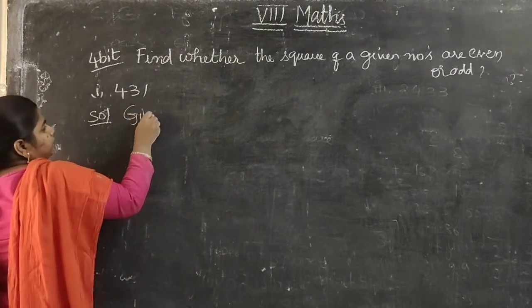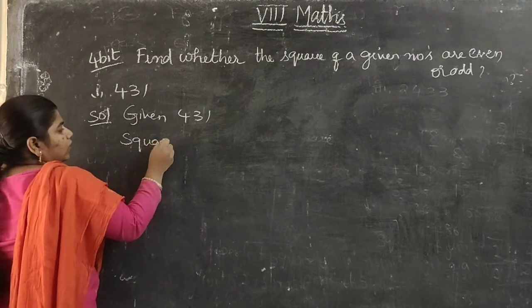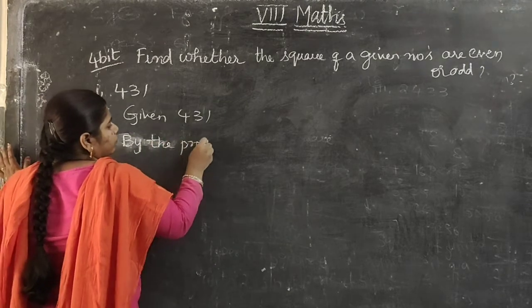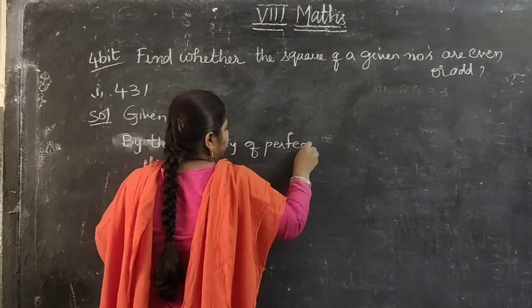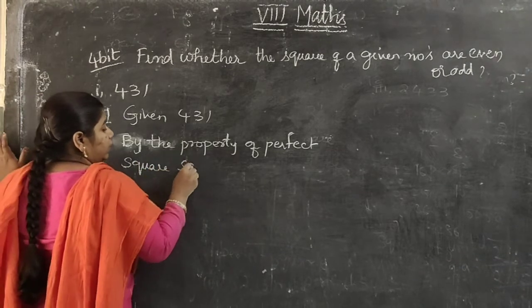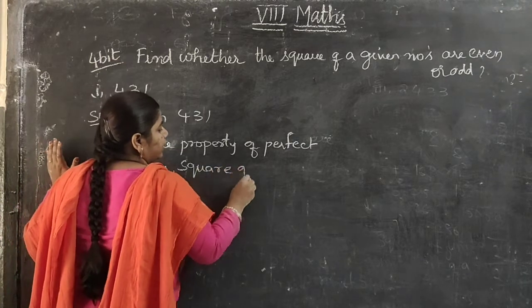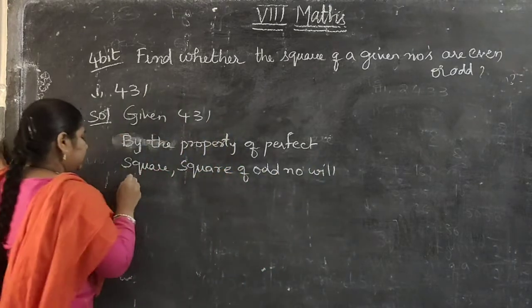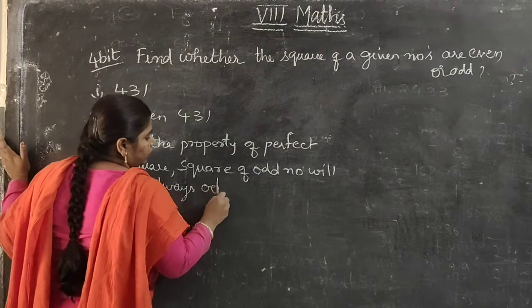So given 431, by the property of perfect squares, the square of an odd number will always be odd.